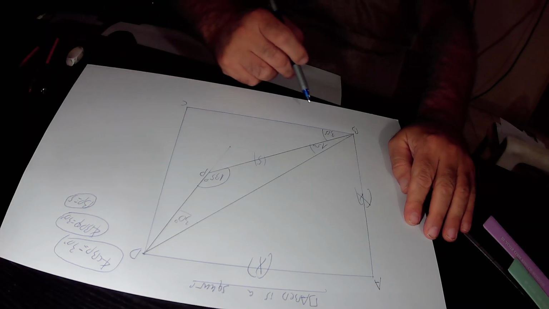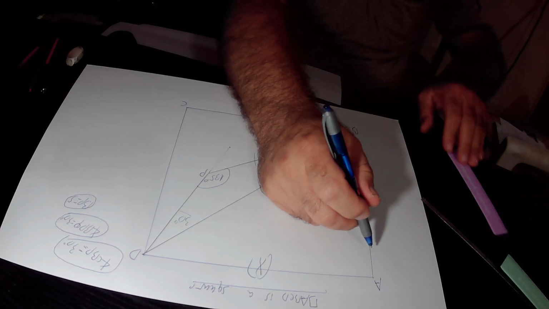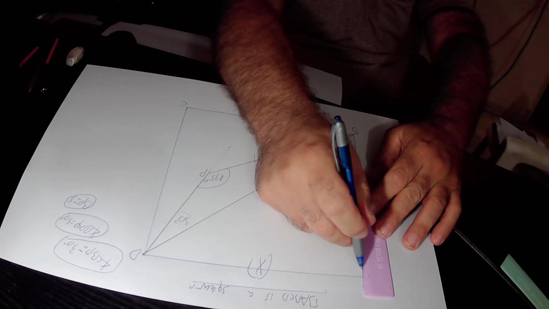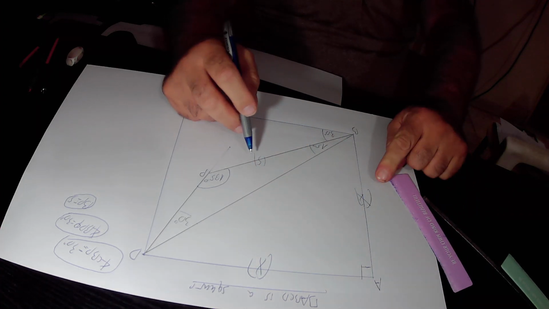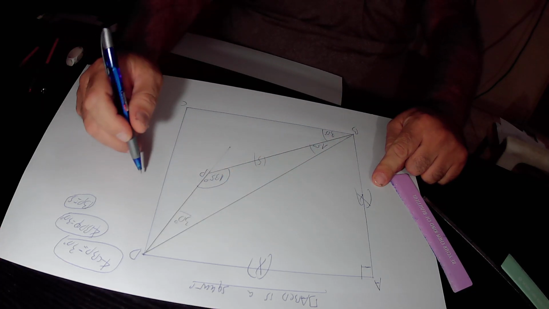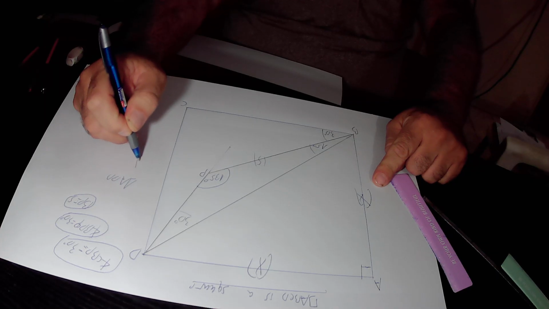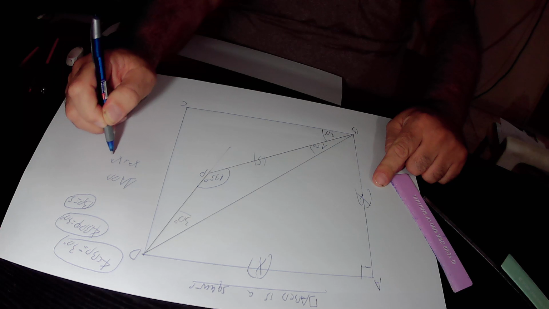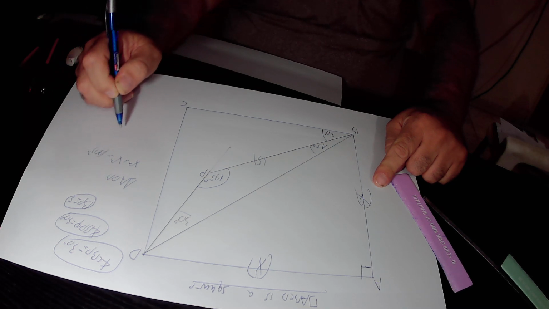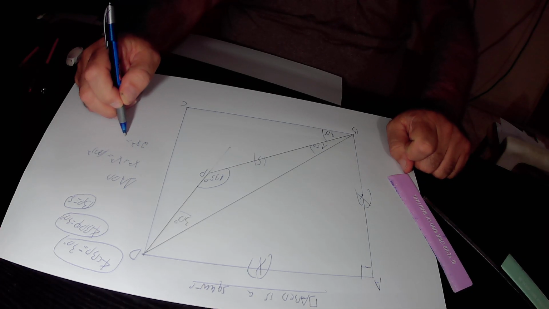So in the big triangle ABD, this angle equals 90 degrees in its size. In the big triangle ABD, x squared plus x squared equals BD squared. X squared plus x squared is 2x squared, so 2x squared equals BD squared.